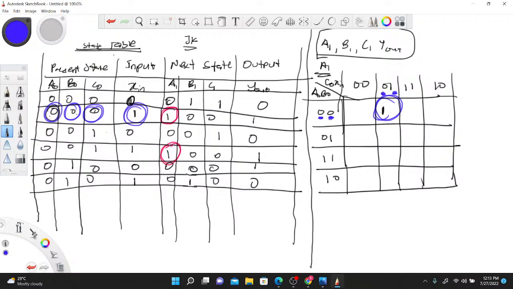Now for the second one, A naught is 0, B naught is 0, C naught is 1, and then X in is also 1, right? So it deserves to be in this cell. You understand? I really hope you are getting it.